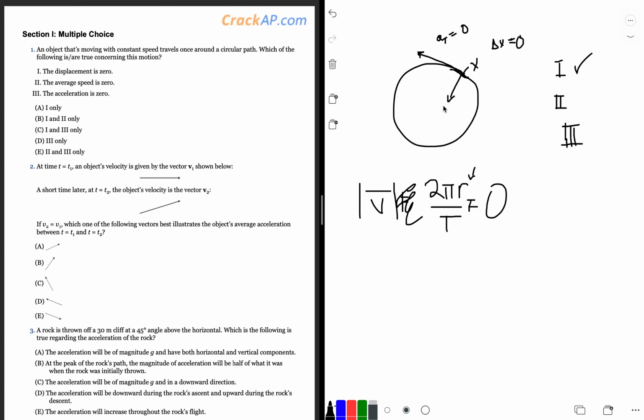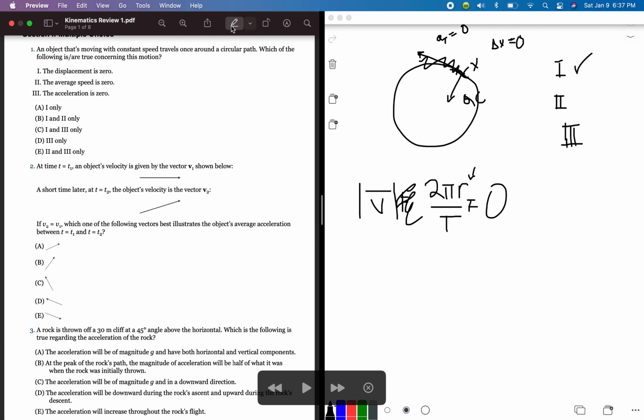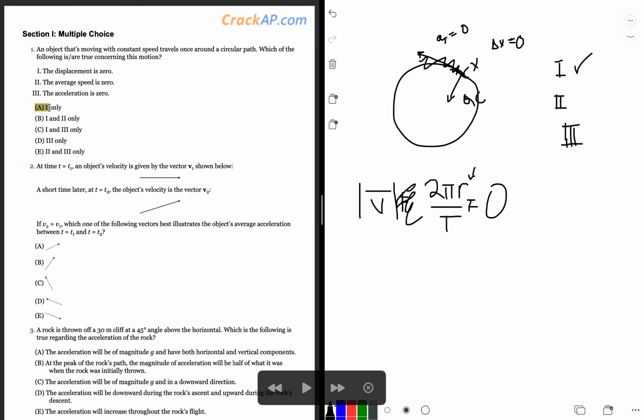And it must have a centripetal component since the object is in circular motion, a sub c, which means that even though it does have an acceleration, the acceleration is not 0, which means that this statement is false. It's not true. So the only true one is A. So the answer is A for the first one.